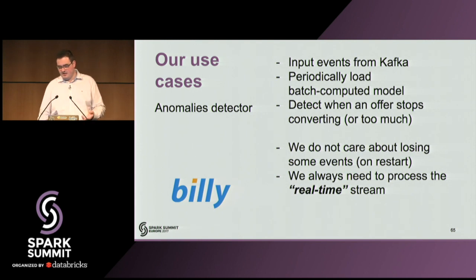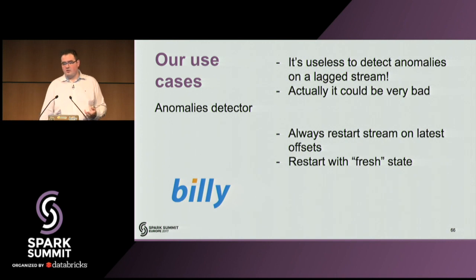This is obviously a use case of at most once because it's useless to detect anomalies on a lagged stream. Actually, it could be very bad to take actions right now from information of the past. We always restart the stream on the latest offsets when we restart the application, with a fresh state.